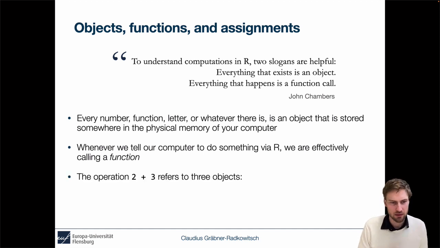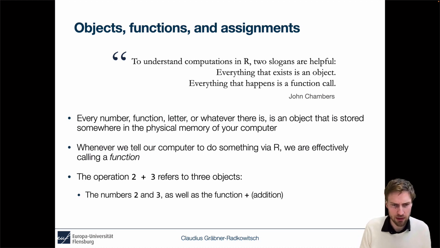That means that the operation 2 plus 3, which we considered before, refers to essentially 3 objects. Which are these objects? It's obviously the number 2, the number 3, and the function plus. That means also a function is an object. That's very important to keep in mind. It's not only things like 2, 3, or strings or whatever, but it's also a function that is an object.